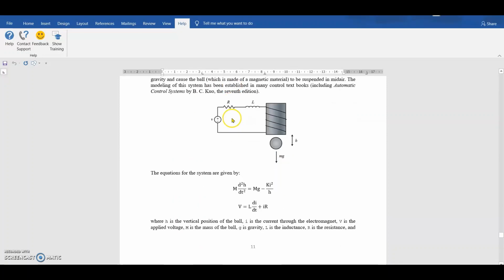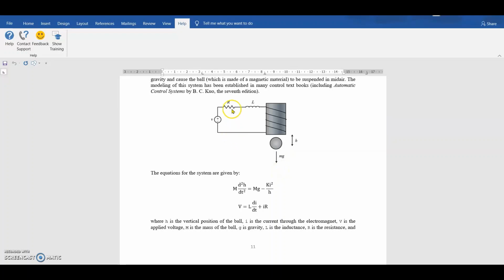So our system is this: we have a DC voltage source, then we have the resistance and inductance of the circuit, and we have this inductor which has magnetic energy stored in it. When current flows through this circuit, the flux in the inductor attracts the magnetic ball, which is otherwise falling towards the ground.